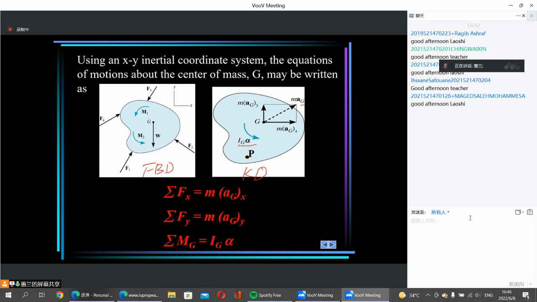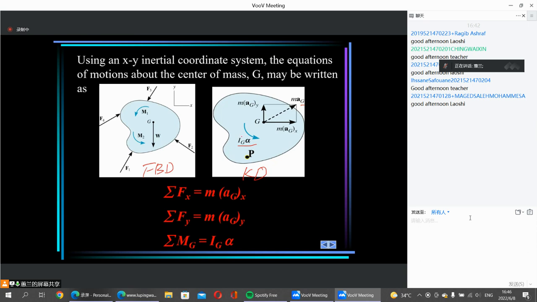I_G is the mass moment of inertia, right? The mass moment of inertia resists the tendency of rotating. And alpha is the angular acceleration. And no matter whether it's translation, rotation, or general plane motion, we can always draw the KD this way, right?